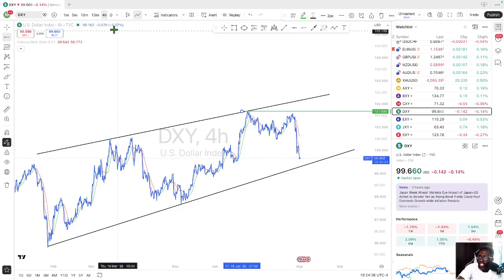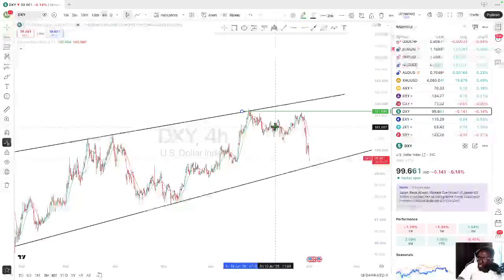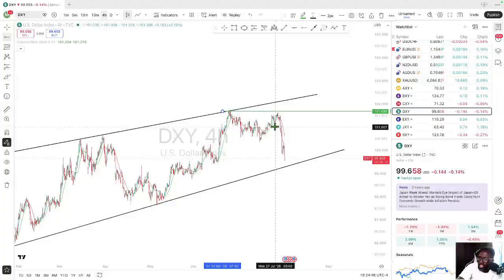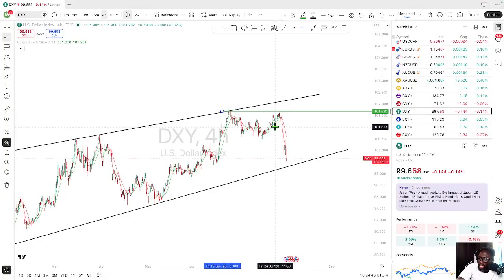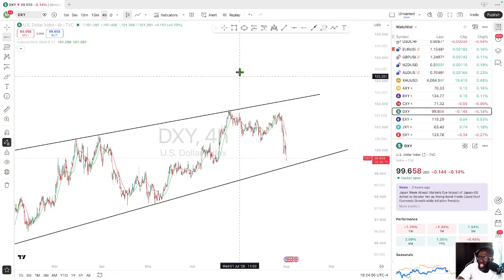Let's see the candles. This can be considered a double top, an M, right? But let's also look at whether we can draw a trend line and see the bigger picture.